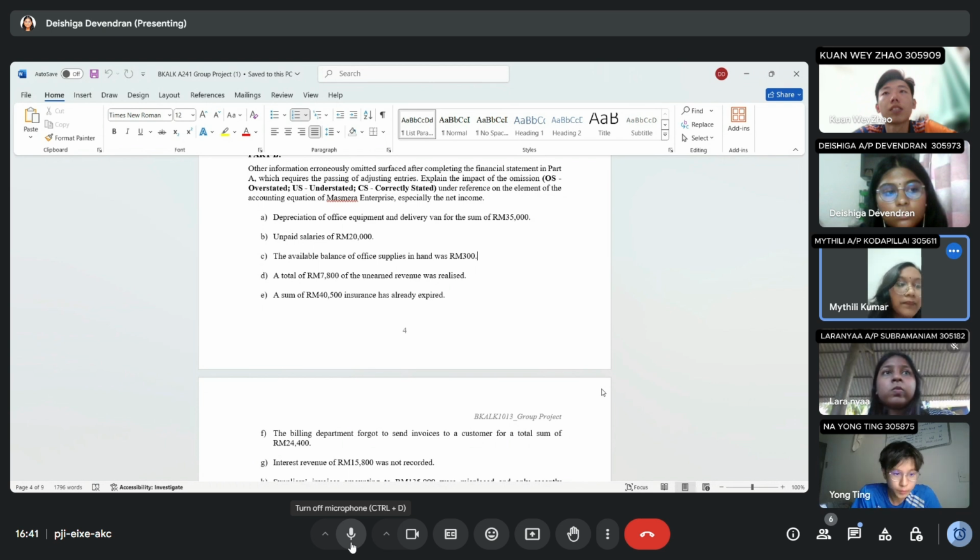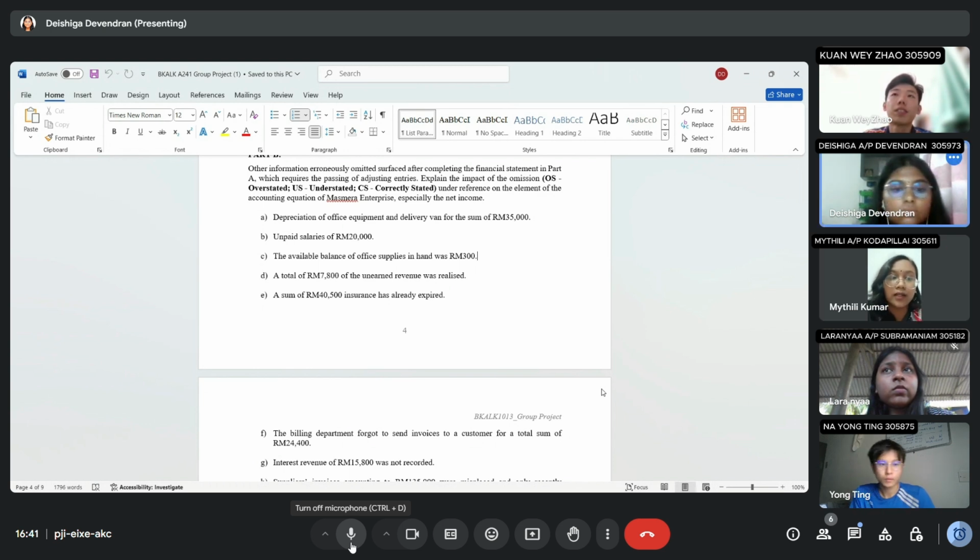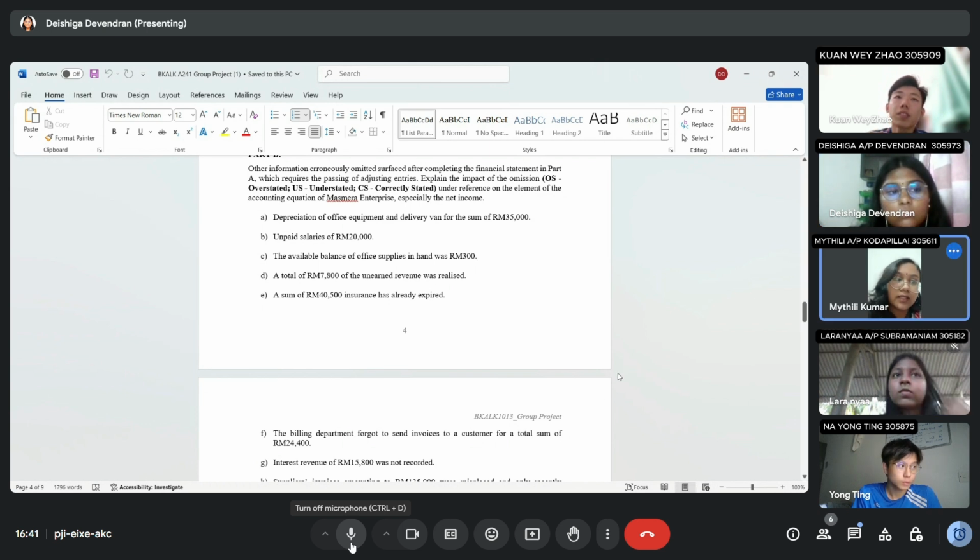For question C, the available balance of office supplies is 300. The assets are overstated. This is because office supplies remaining in stock are 300 ringgit, but 4,000 is still recorded. This overstates the asset. For liability, it is correctly stated because no liabilities are affected, while for expense, it is understated.